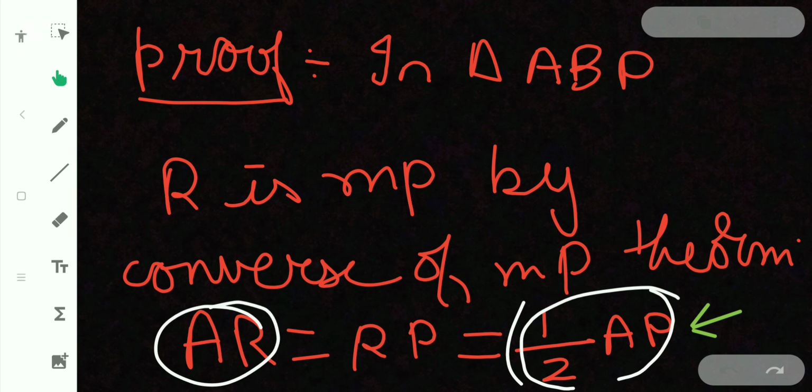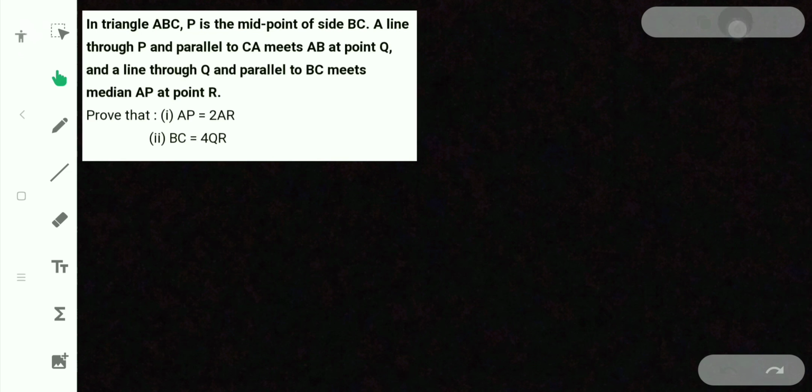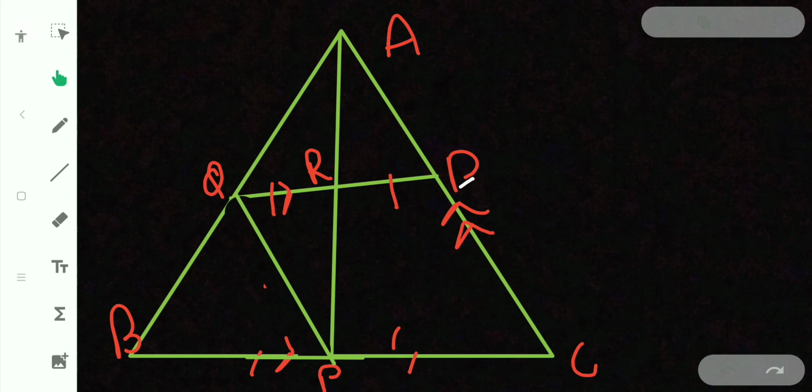Now, as RD is parallel to BC, you can also write here RD is parallel to BC. So RD will definitely be parallel to PC also, because PC is also lying on BC.